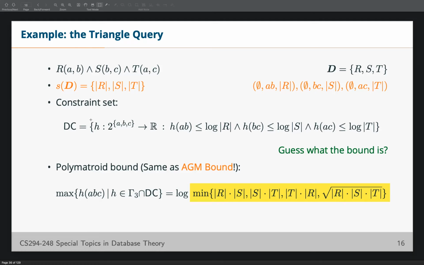But for now, let's just say that we can prove this quantity. In particular, if R, S, and T were exactly equal, then you will get n to the 1.5. This is the famous AGM bound or Loomis-Whitney inequality. This was known for a very long time.